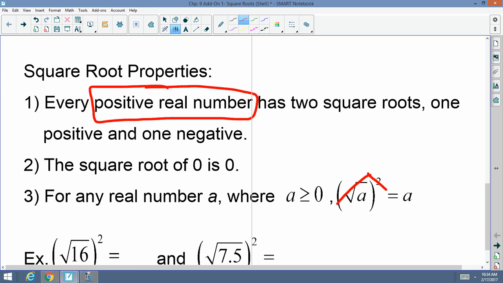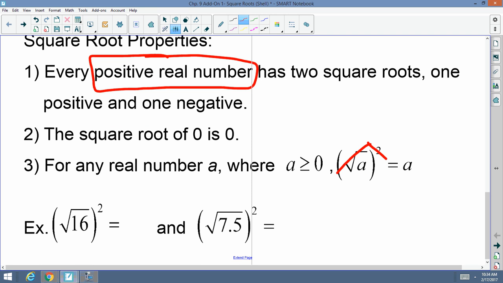Basically, when you are raising a radical to the same power as the index, the radicals cancel. So for example, the square root of 16 squared: this power of 2 is going to cancel out that square root, and that's 16.